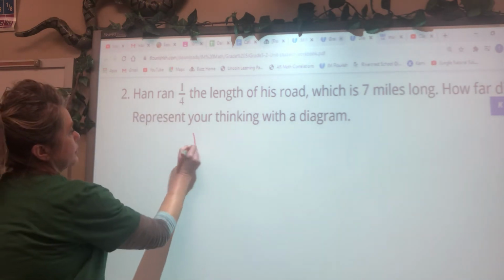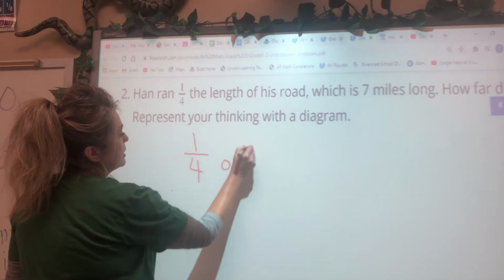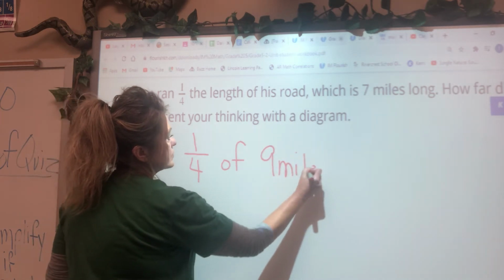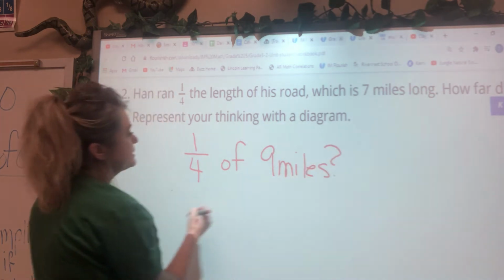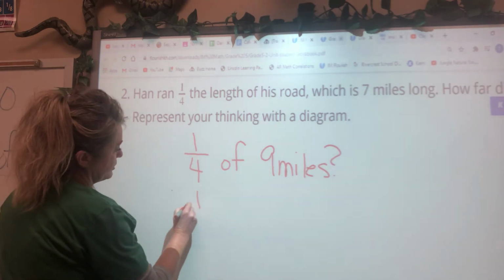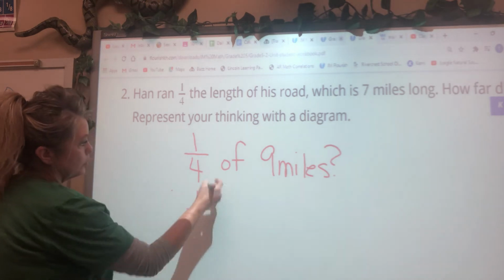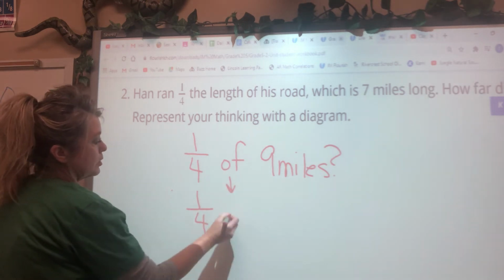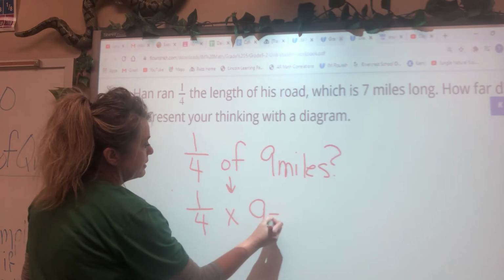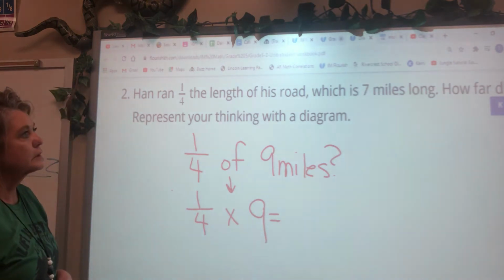So basically we wanted to know what 1/4 of 7 miles is. If we take that English to Mathlish, we still know that we have 1/4. The word of in math almost always means multiply. And we're talking about 7 miles.